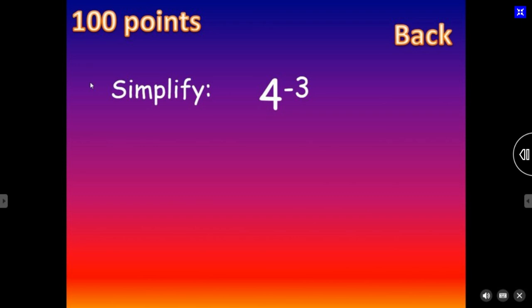Inverse number. Once you flip it, what happens to that negative on that exponent? It becomes positive. So 1 over 4 to the third. Or what's 4 times 4? 16 times 4. 1 over 64.